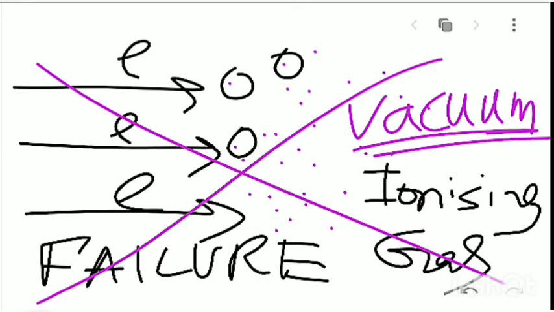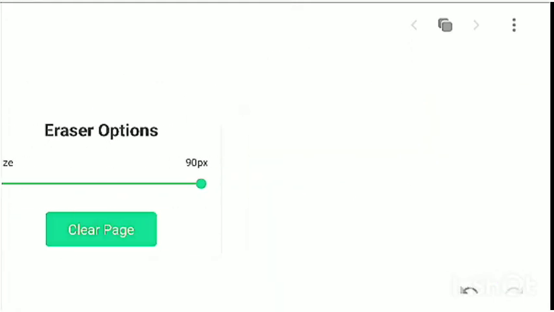Understood? Now, we have to be sure what kind of X-rays we are creating and how we can control them. The X-rays can be controlled in two ways.